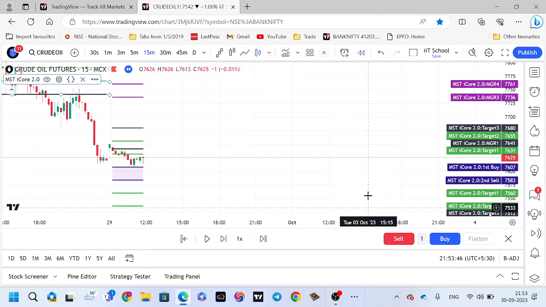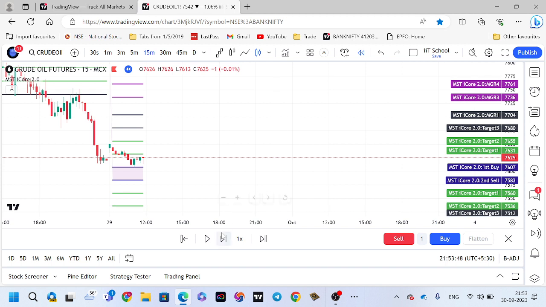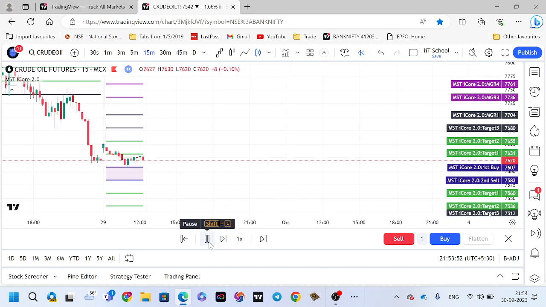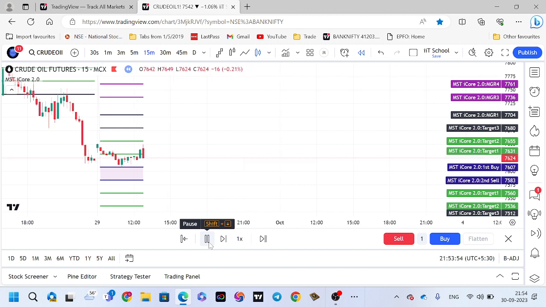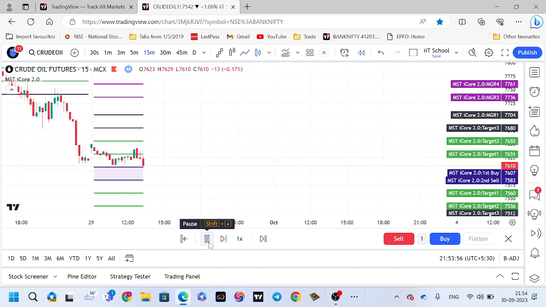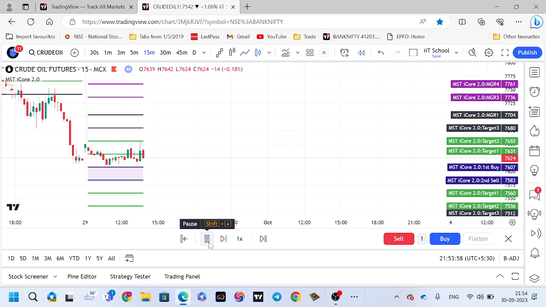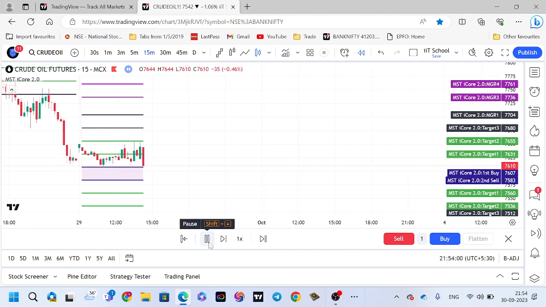Hope this is clear. Now I am running the market. Exactly, our first entry of 7607 activated, and our first target 7631 also hit. Second target hit.